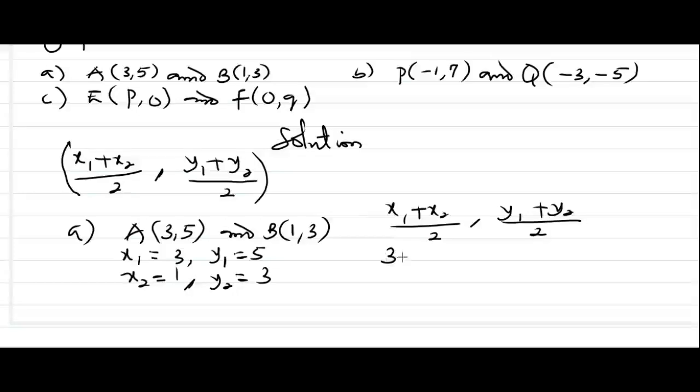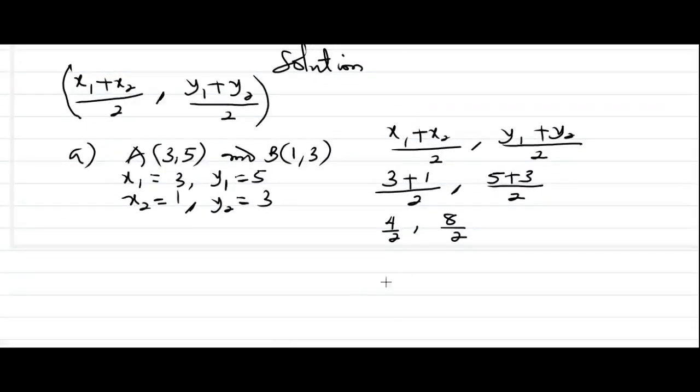Our x1 is 3, so you say 3 plus x2, that is 1, divided by 2, comma, our y1 is 5, plus y2, 3, divided by 2. So 3 plus 1, that is 4, divided by 2, comma, 5 plus 3, that is 8, divided by 2. So 4 divided by 2 gives us 2, and 8 divided by 2 gives us 4. So this is the midpoint of the line joining A and B.